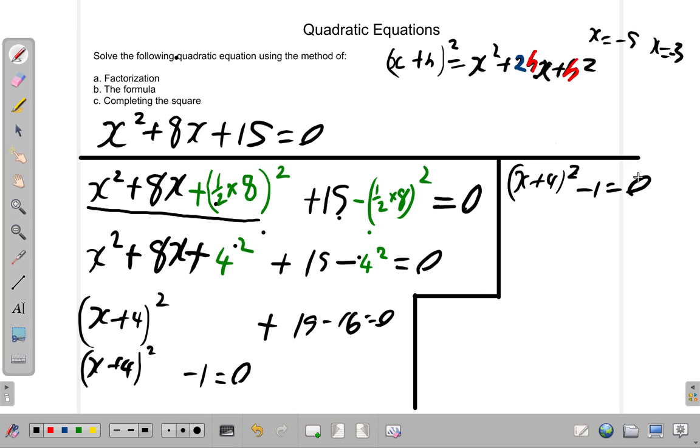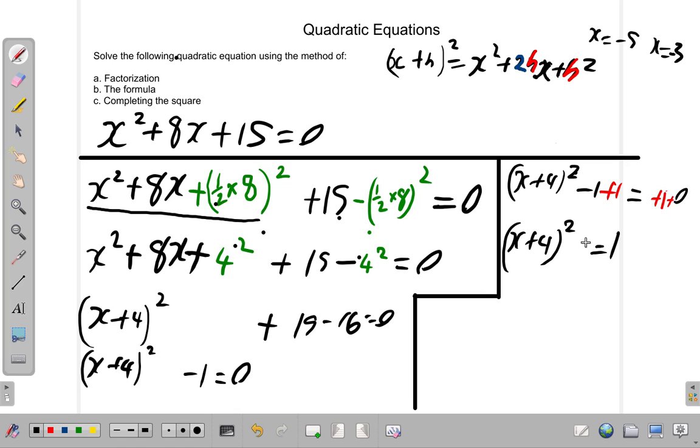What you'll do now is put the negative 1 over the other side. In other words, add 1 to both sides. So if I add 1 to this and add 1 to this, then negative 1 plus 1, and there is no more 1 here. So you have x plus 4 all squared equal 1 plus 0 is 1.